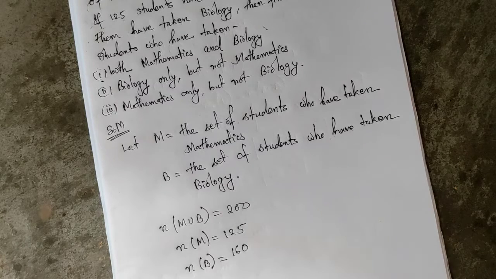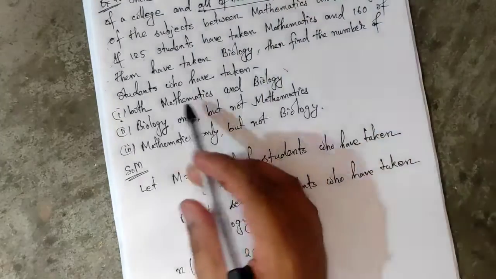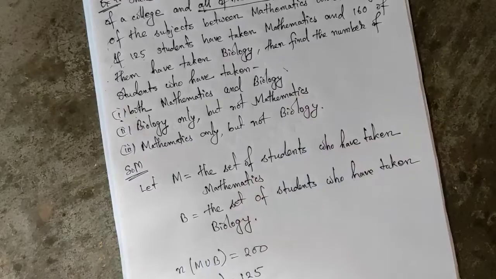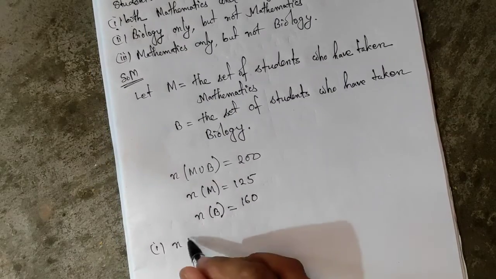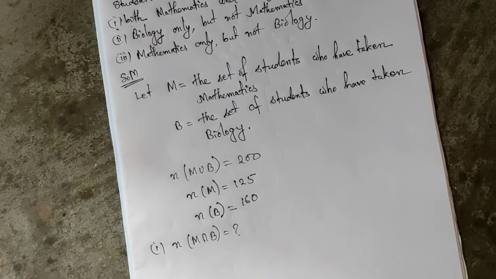Cleared? Now we have found the data. Now number one, what do we need to find? The number of students who have taken both mathematics and biology, that is the number of elements in M intersection B, we need to find.